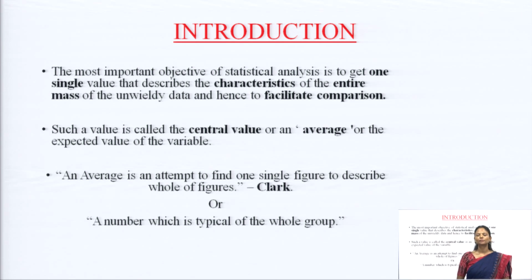Such a value is called a central value or an average or an expected value of a variable. An average is an attempt to find out one single value that describes the whole of figures. This definition was given by Clark, or in a more simplified manner, a number which typically defines the whole group is called mean.